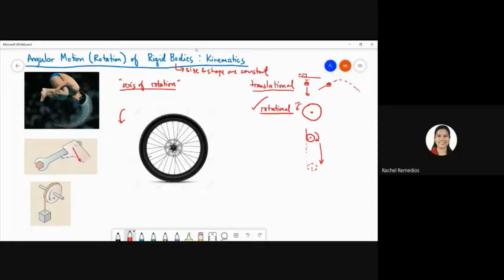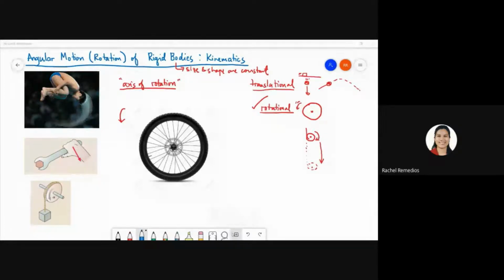So let's go back to the concept of axis of rotation. Again, it's an imaginary line that cuts through the plane where the rotation happens. So for example, itong si bike natin dito, ang pag-ikot niya ngayon, nakaswipe siya ng circular path na nasa x-axis. Let's say, symmetric itong tire natin dito.